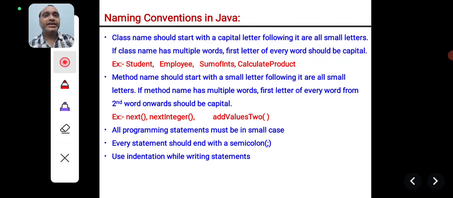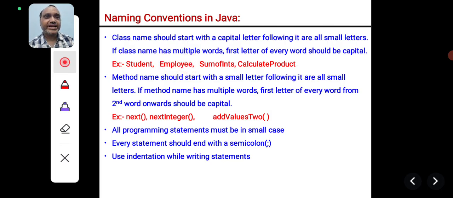Suppose you are naming a class Student, then in Student, S must be capital. And if you are creating a class with the name Employee, Employee is one word, so the first letter in this word must be capital.